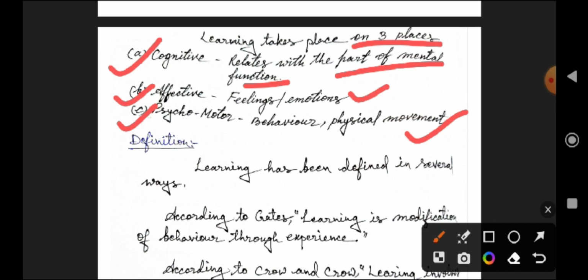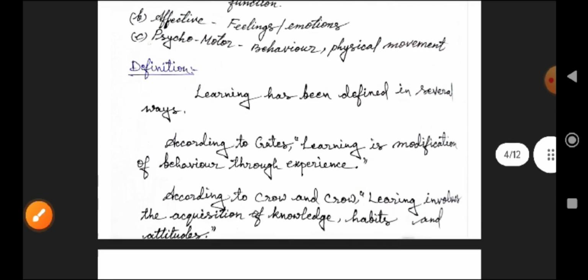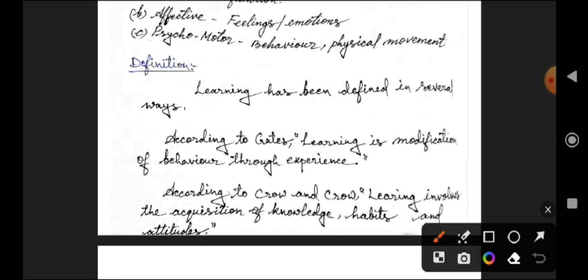Okay. Now we will see the definition of learning. So learning has been defined in several ways. So many educationists or philosophers are there who have given different types of definitions. Okay.